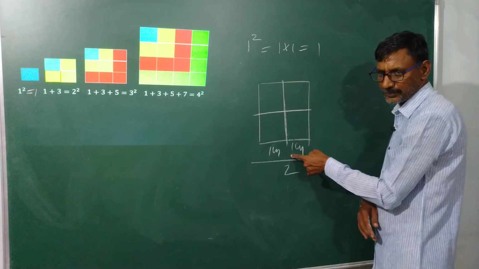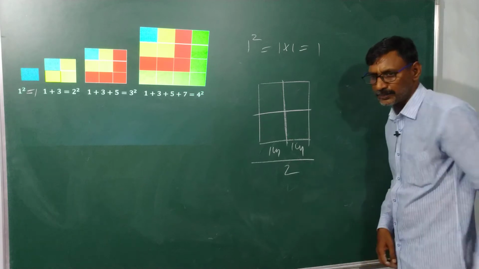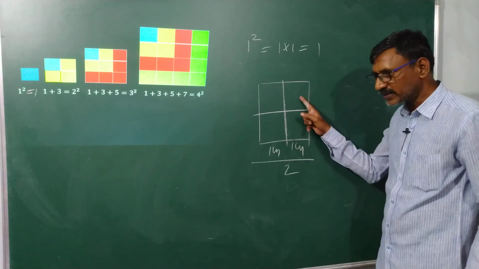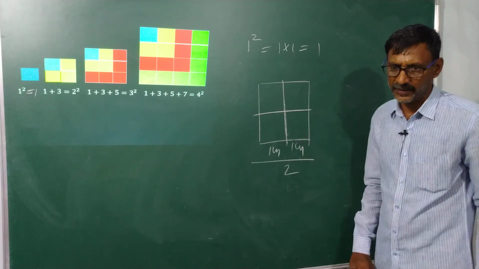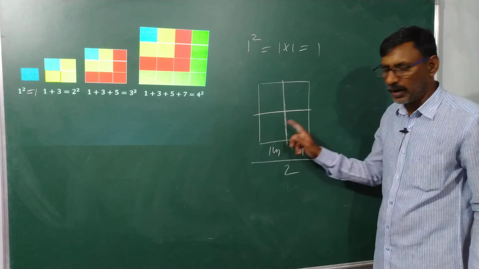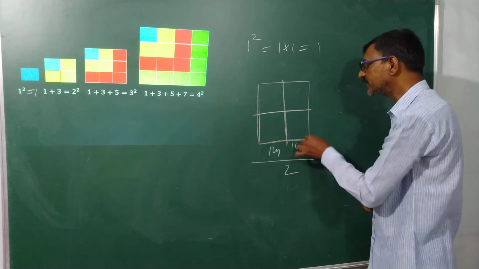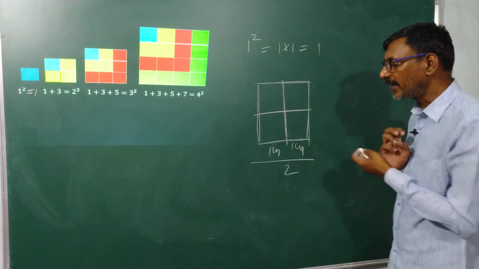It is equally divided vertically and horizontally. We get this is 1 square, this is 1 square, this is 1 square, this is 1 square. Total how many squares are there? 1, 2, 3, 4 squares. But this is also a big square.